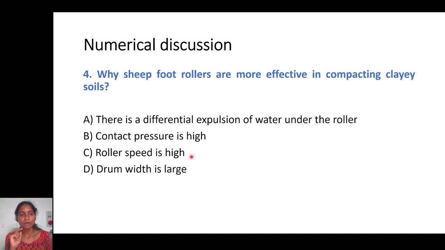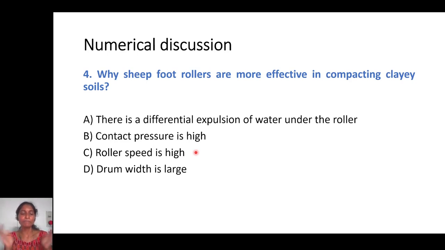Option B, contact pressure is high. So because of higher pressure, higher compaction is happening, they are saying. Option C, roller speed is high. Option D, drum width is large. So let me eliminate the easiest one. Roller speed is high. If any vehicle is moving with high speed, what happens? If I am moving at 60 kmph, the time of contact between the bottom of the wheel and the road will be very less.